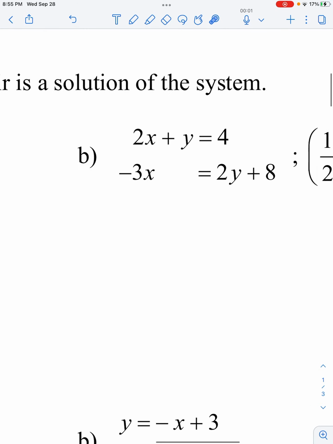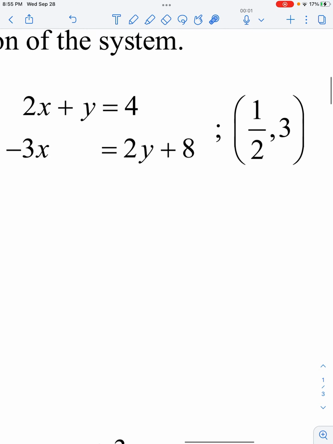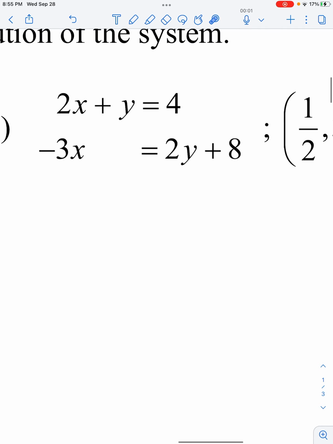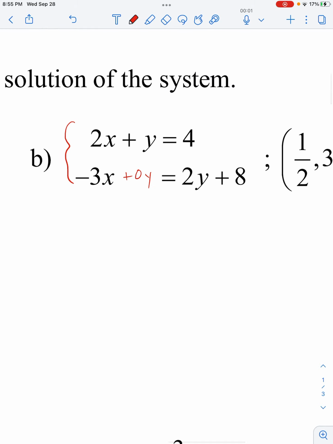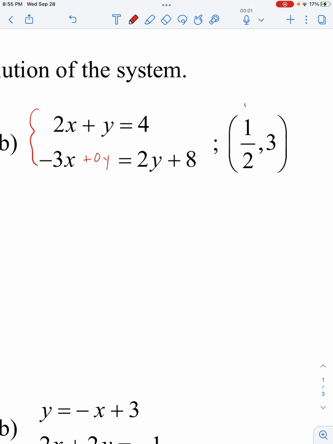Part B: negative 2x plus y equals 4 and negative 3x, this is technically plus 0y equals 2y plus 8. That's technically a 0y there, okay? So we want to see whether it's a solution of the system. We've got my x and my y.